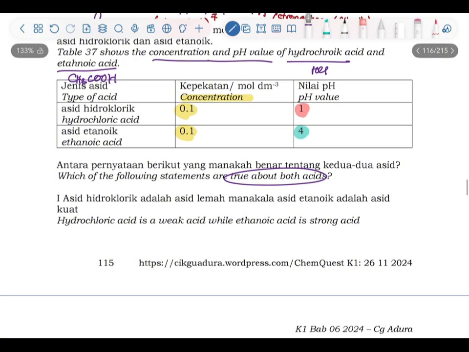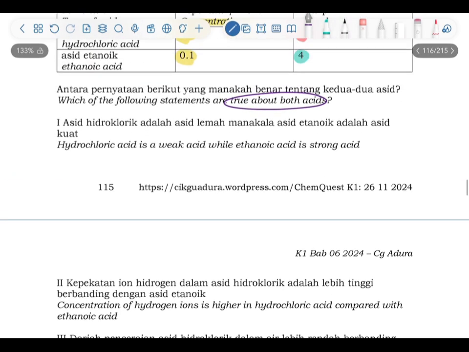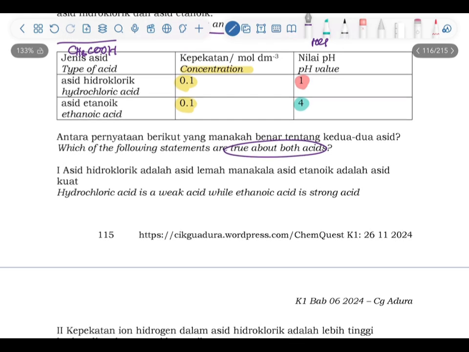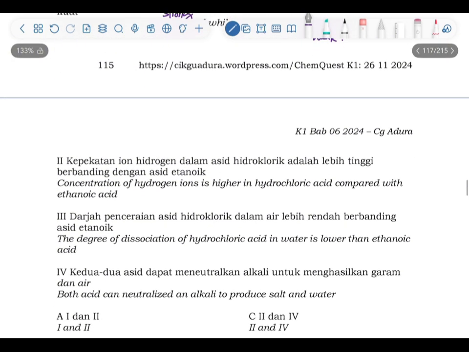So it's just like the previous questions that we have already discussed. So first, 1. Hydrochloric acid is weak acid, but ethanoic acid is strong acid. No, this is wrong. Hydrochloric acid is always a strong acid, while ethanoic acid is a weak acid. 2. Second, concentration of the hydrogen ion is higher in the hydrochloric acid compared to the ethanoic acid.